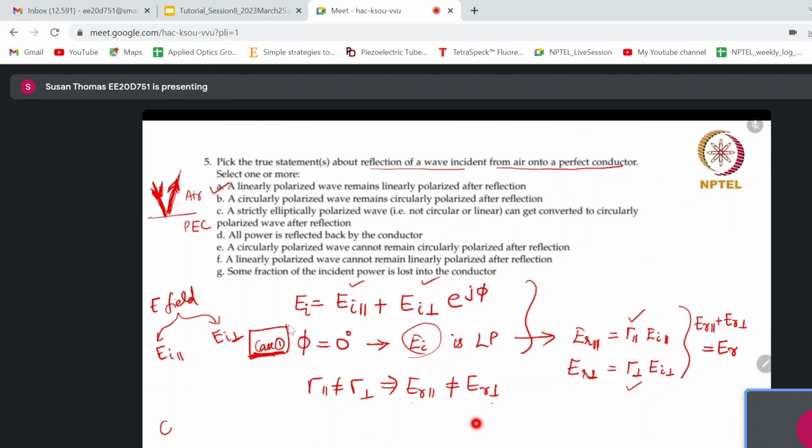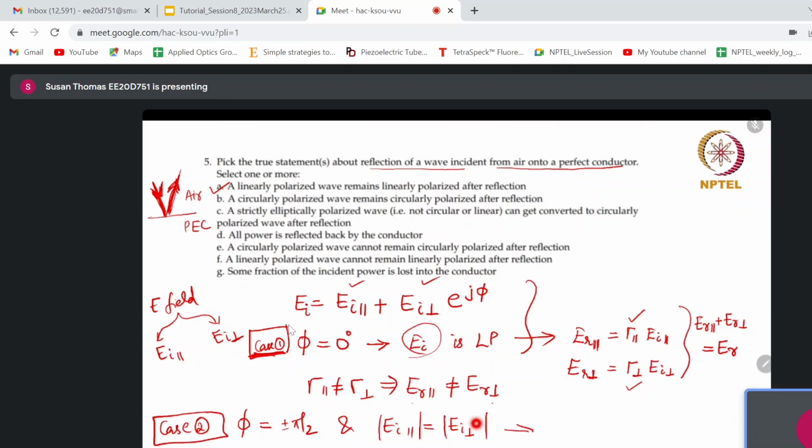Now let us move to case 2 to discuss. Assume that this particular phi is 90 degrees, plus or minus pi by 2, and also the magnitude of EI parallel is equal to the magnitude of EI perpendicular.